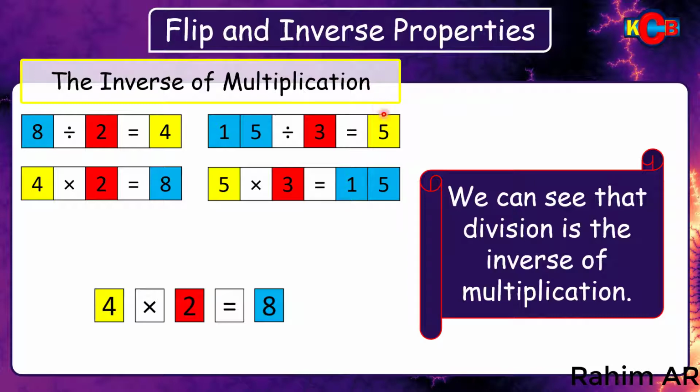If you read it backward, we can change division into multiplication. 5 times 3 equals 15. Or when we read this example from the answer, 15 divided by 3 equals 5. So this is the inverse of multiplication property.